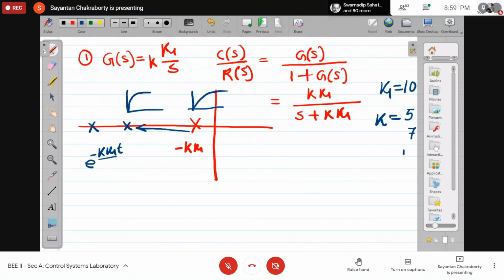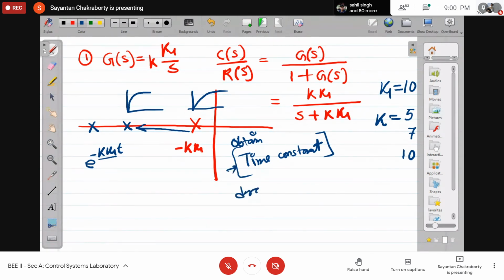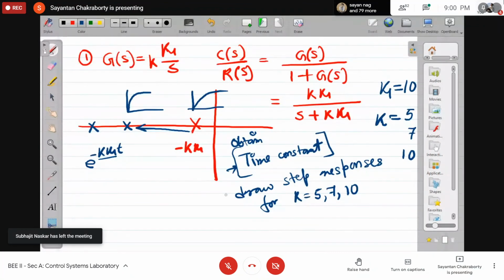Obtain the corresponding time constant, and draw the step responses for K equal to 5, 7, 10 on the same paper, in one graph, okay? You'll get an expression like this.